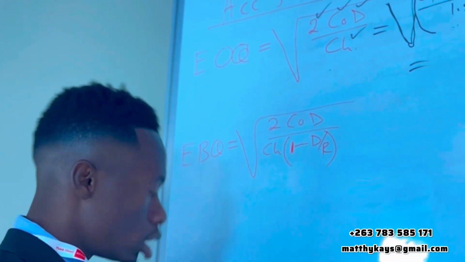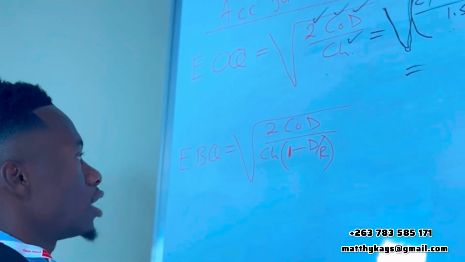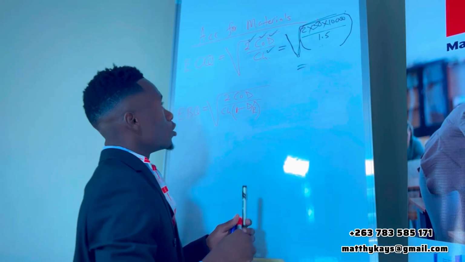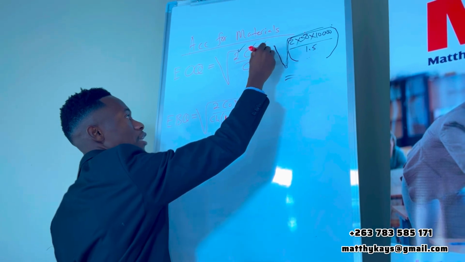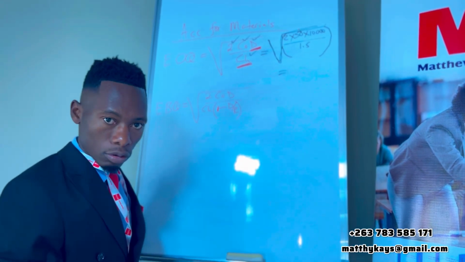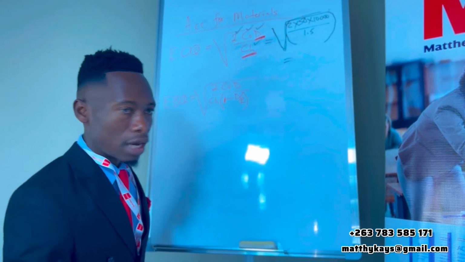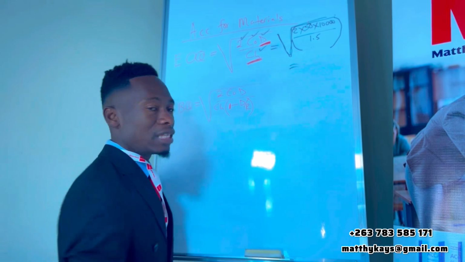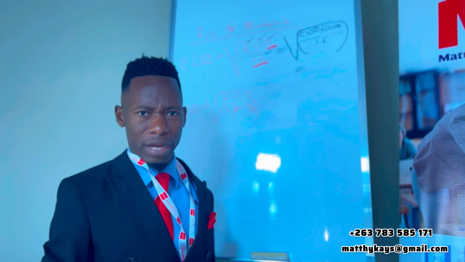Then now moving on to the economic production run. Another trick before I move on: if the demand is annual, the holding cost has to be annual. They will trick you in the exam. They'll give you the annual holding cost, but then they'll give you the monthly demand.